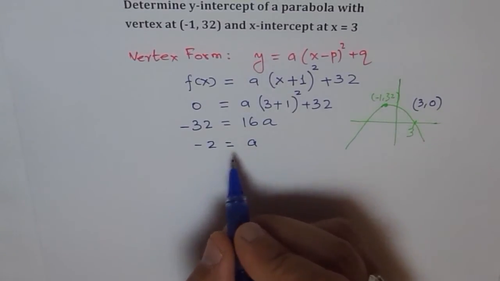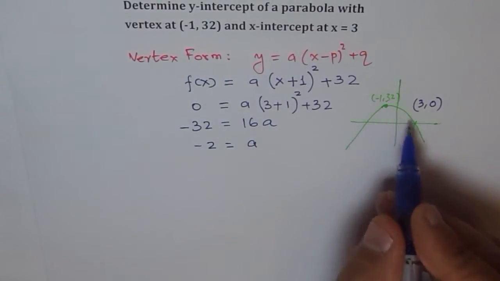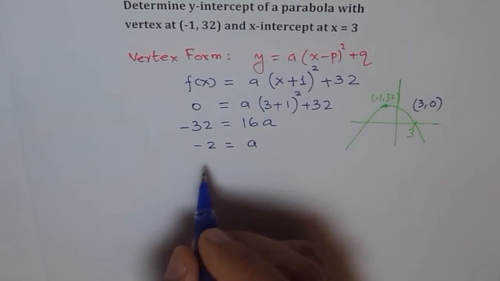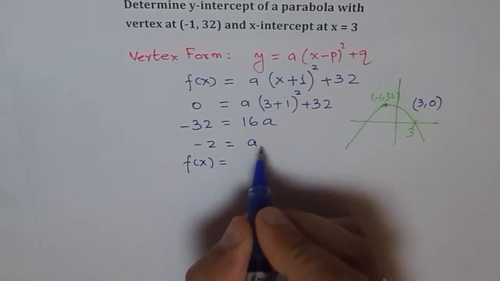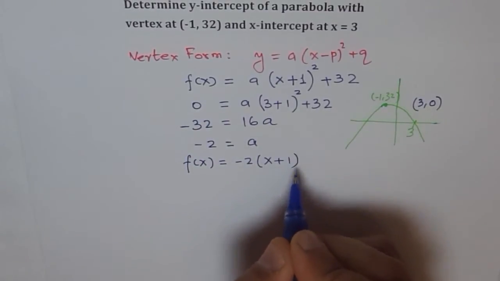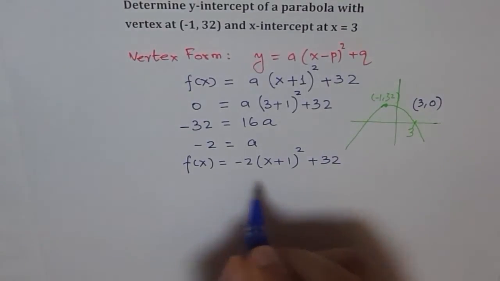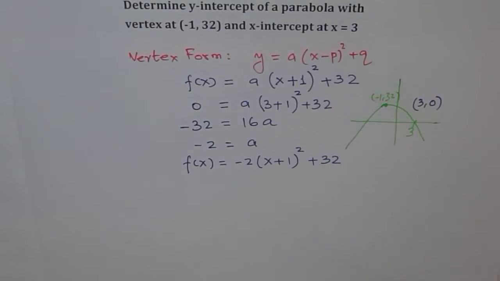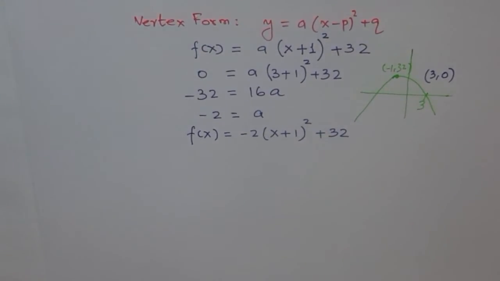Now once we get a equals -2, we can write the specific equation for this parabola, right? So now our function becomes f(x) equals -2 times (x plus 1) whole squared plus 32. Correct? So that's our function. We have done the first part, and that is to find the equation of the parabola in vertex form.